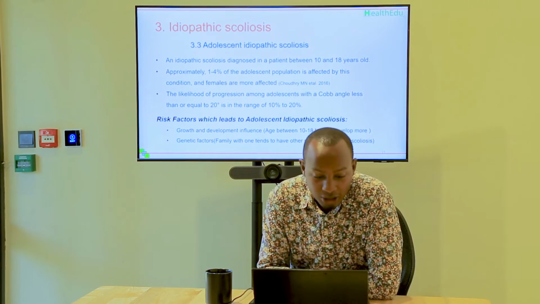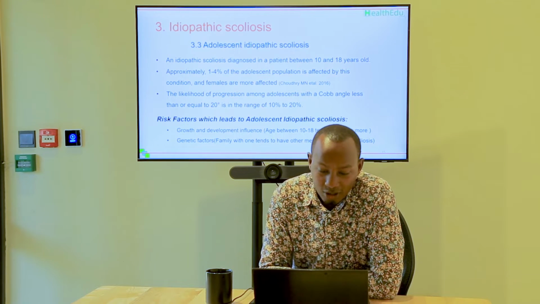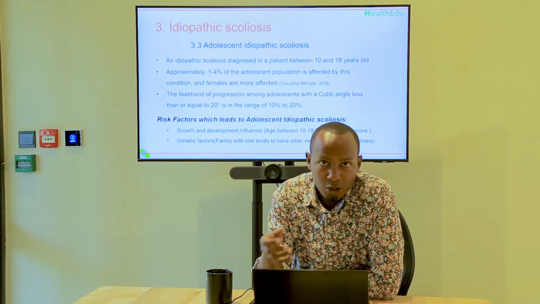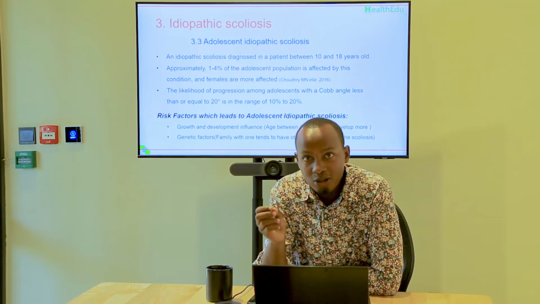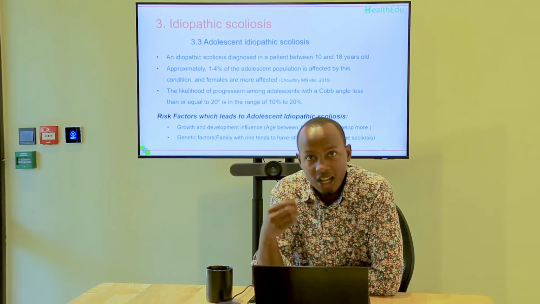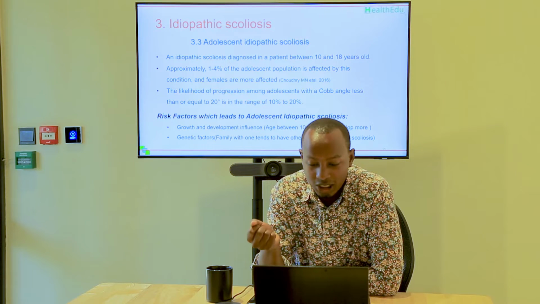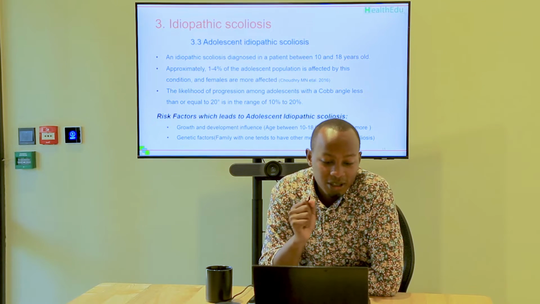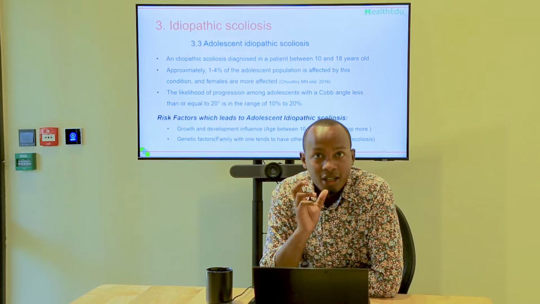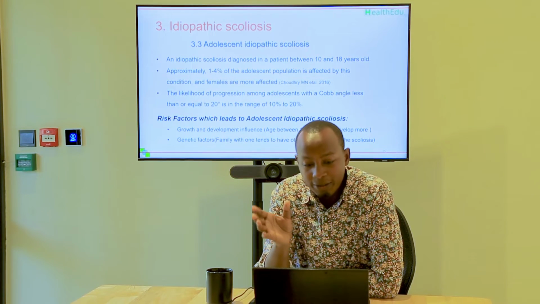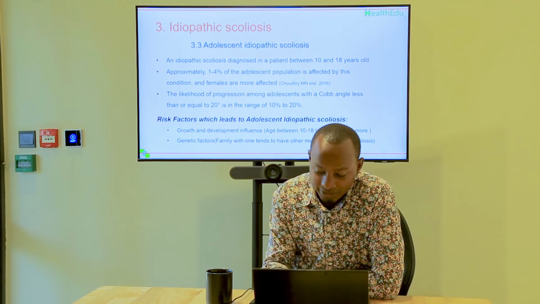And also the genetic factors. For example, if you have a family member or your older sister is having scoliosis, you may develop it also. You may have it, so it's better you go for screening because the genetic factors are also included. And the third one, where the females are more affected than males.